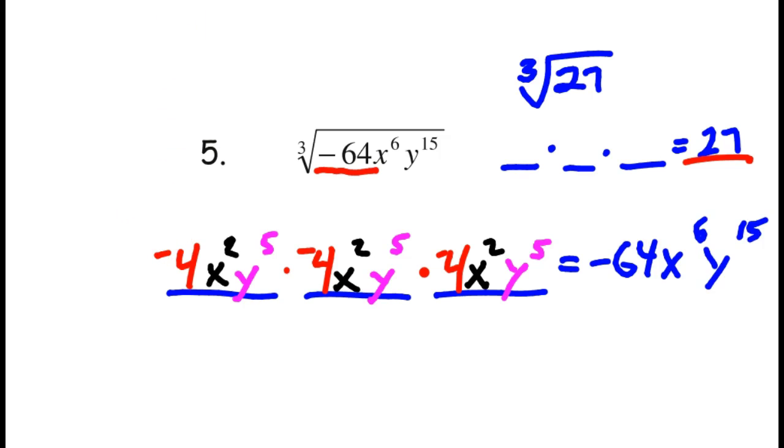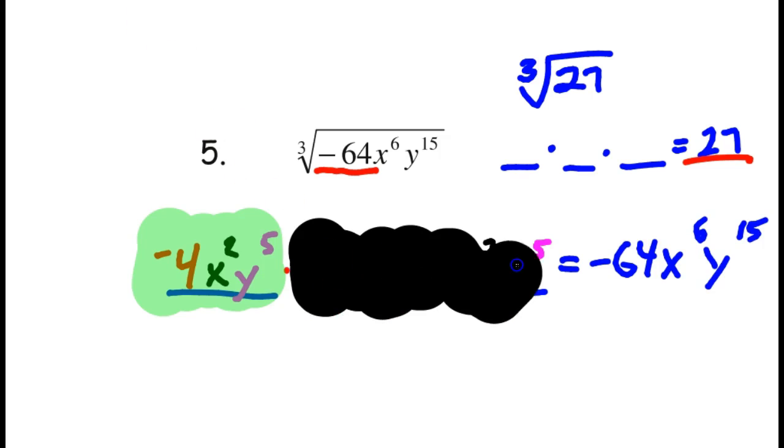So your answer is really just one of these. And you don't put all of them. Okay, so your final answer is just negative 4, x to the 2nd, y to the 5th. Okay, so that's what it means to take a third root. So if I just multiply this 3 times by itself, I would get what's inside here.